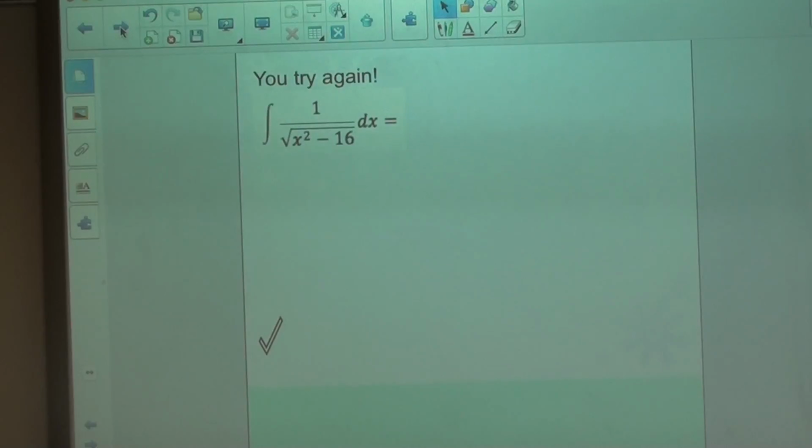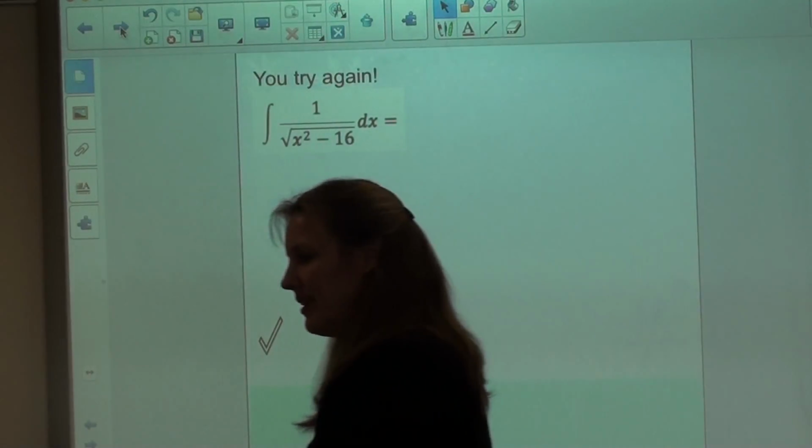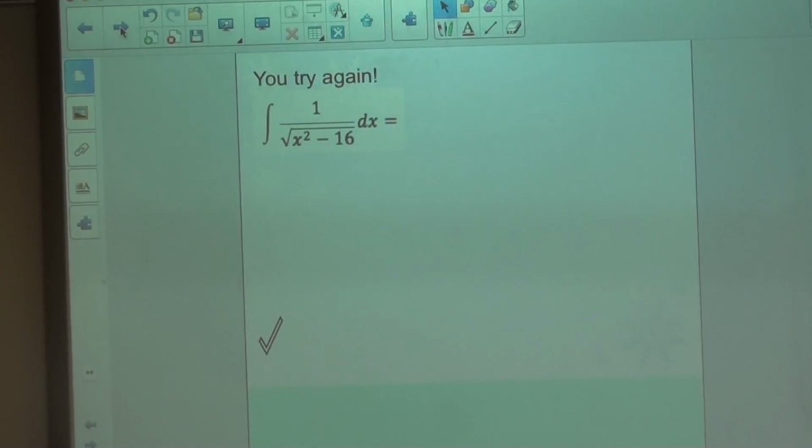Divide by... Because the x comes first. Yep.